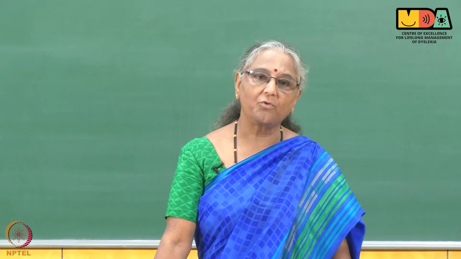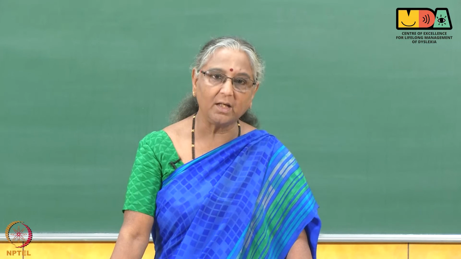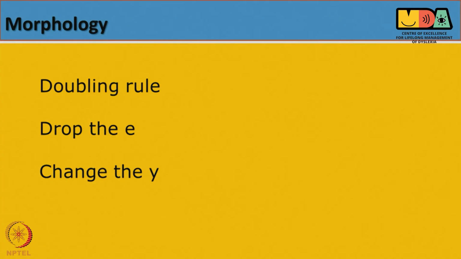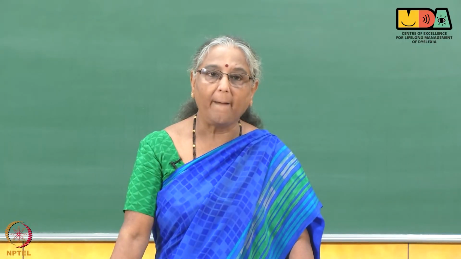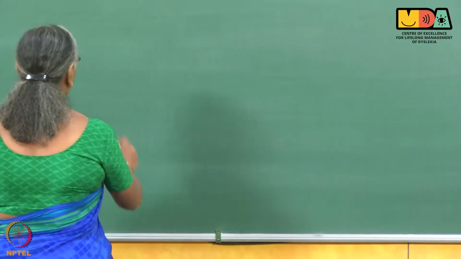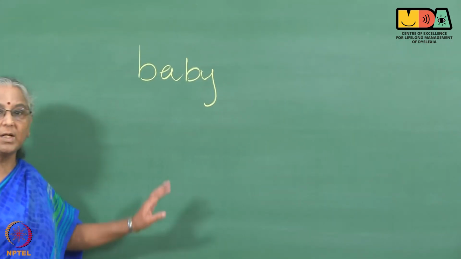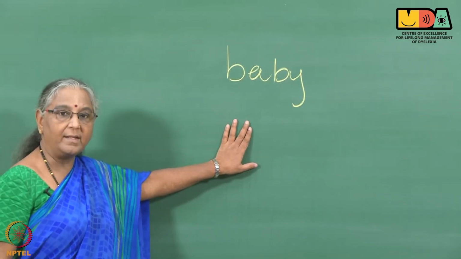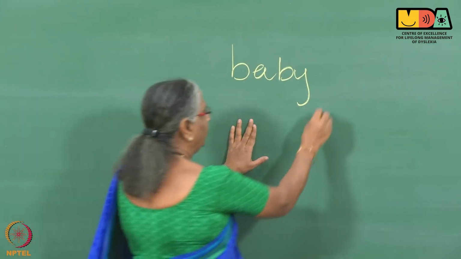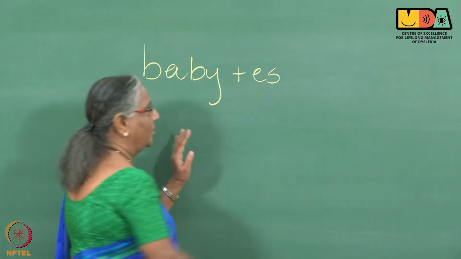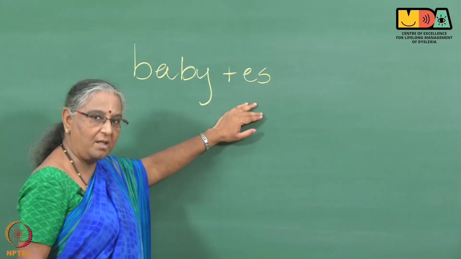The third and final rule is the change the Y rule. Now, when you have a root word ending in Y and you want to add a vowel suffix, in order to do that, you have to change the Y into I and add the vowel suffix. For example, the word baby. You would like to make it into a plural and say babies. So, you are adding the vowel suffix es.